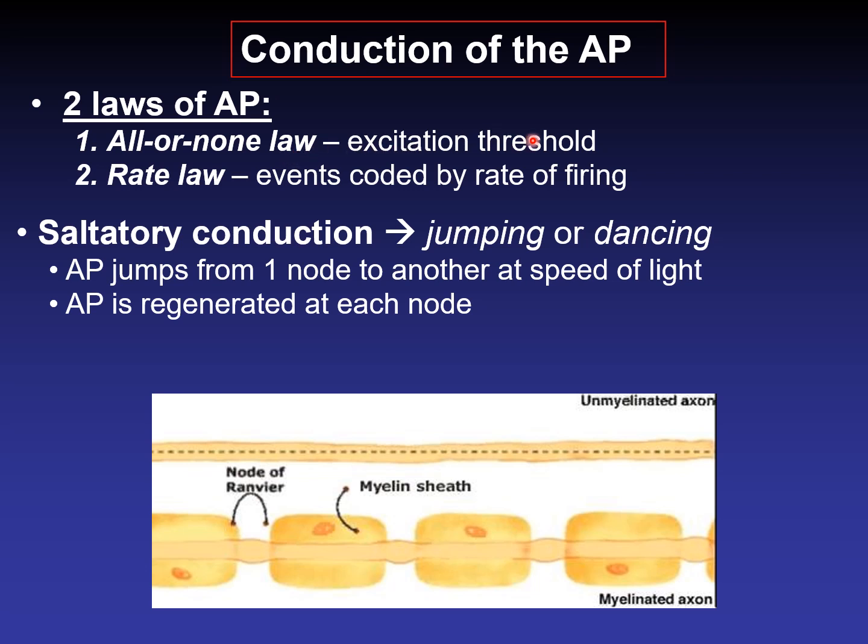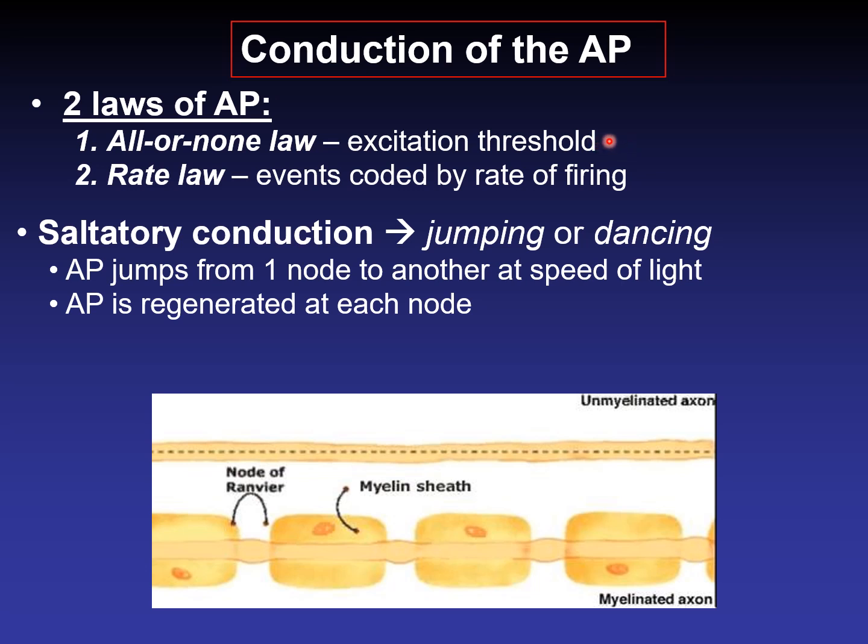But this raises a question: how do neurons code things like, say, the intensity of a stimulus? Let's say a bright light versus a dim light. A dim light is going to activate visual cortex neurons differently than a bright light is.